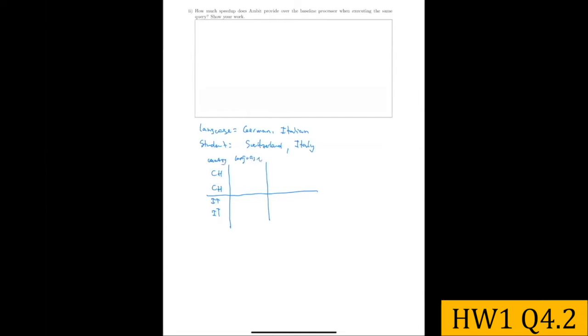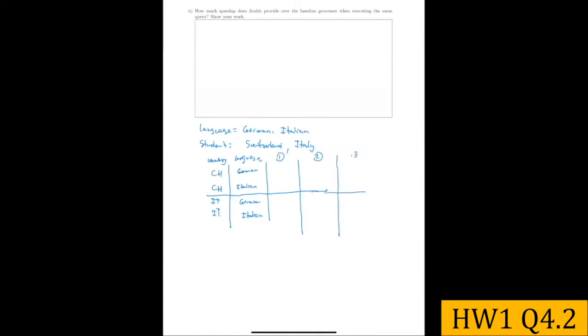The student can speak German, or Italian, right? German, Italian. So in the first query, let's say this is your database, right?